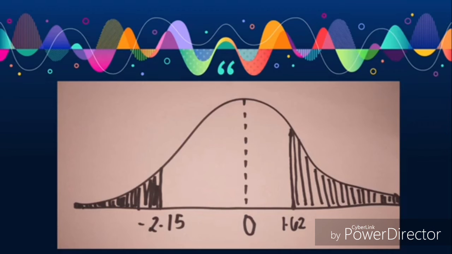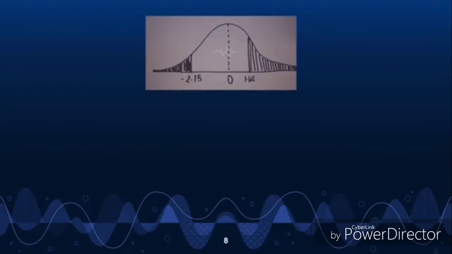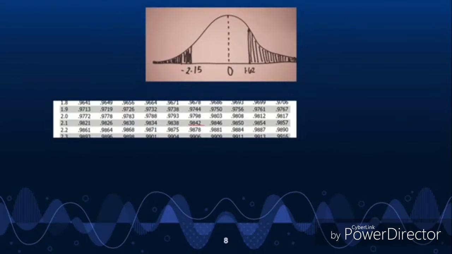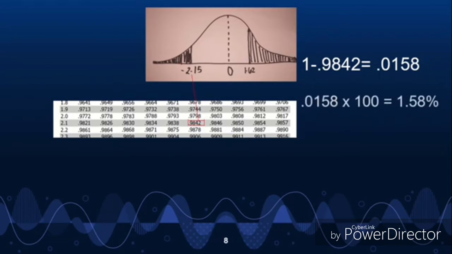Next one, to the left of negative 2.15. The value of 2.15 in the z-table is 0.9842. As we did earlier, 1 minus 0.9842, the answer is 0.0158. Multiplying it by 100, the percentage is 1.58%.